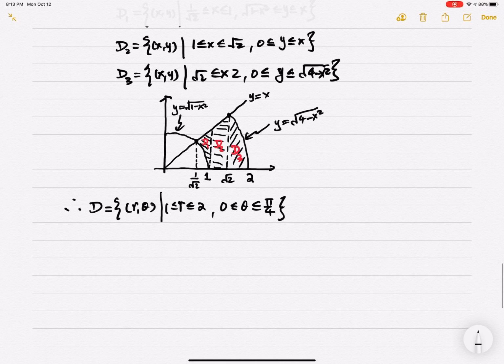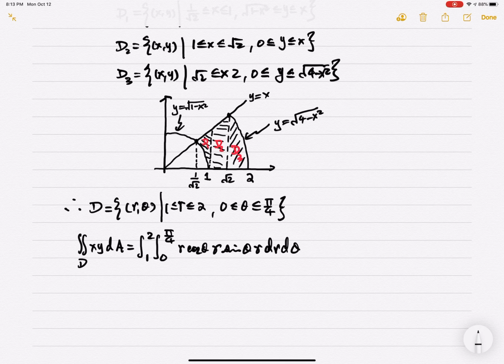And then the integral of xy dA is equal to the integral from 1 to 2, and 0 to pi over 4, of r cosine theta, r sine theta, r d theta.